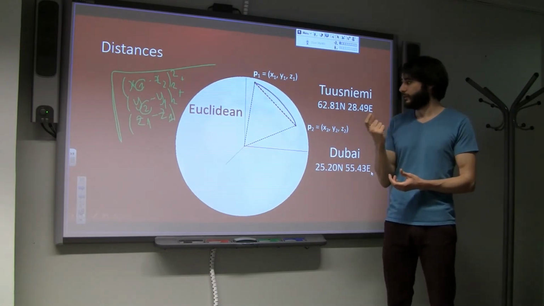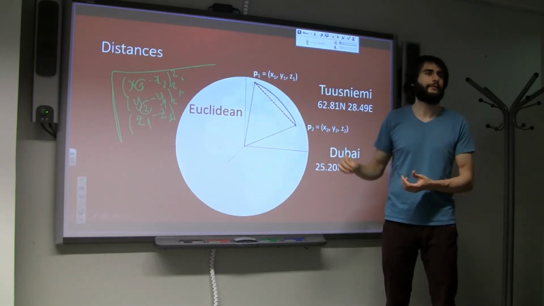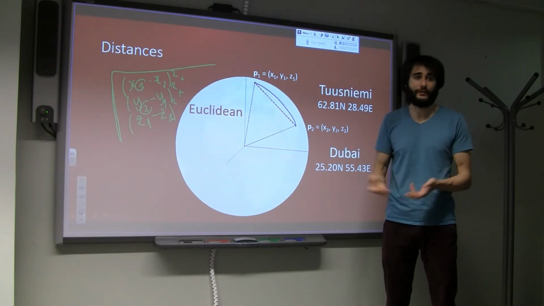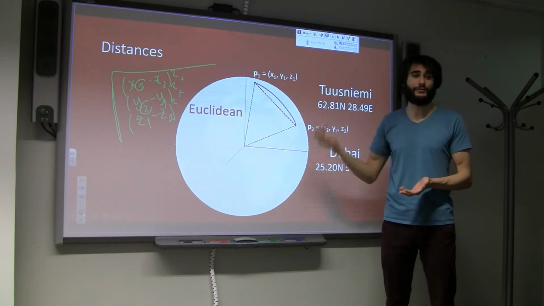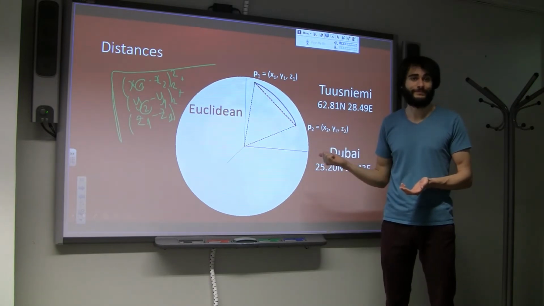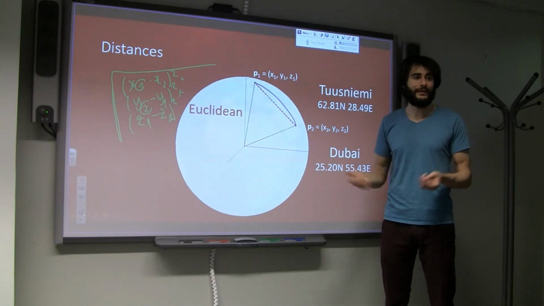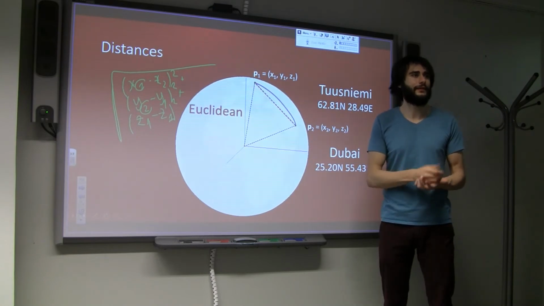Also really important, if the points are really close to each other, it won't matter. Like the distance from me to you guys now, if I calculate using the Euclidean distance, it's going to be pretty much the same as using the Earth's curvature, because the curvature changes so little that my floating point precision in the program is not big enough to notice any difference. To Kuopio, it may be a few meters, but not really a significant change.